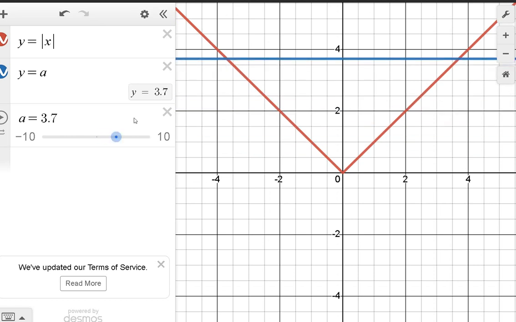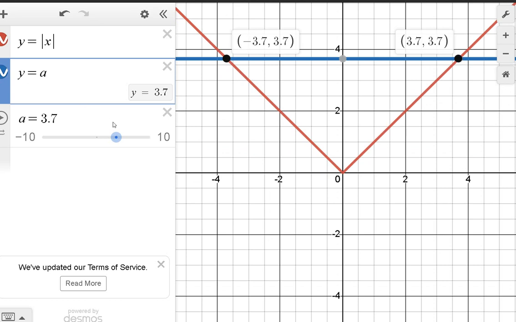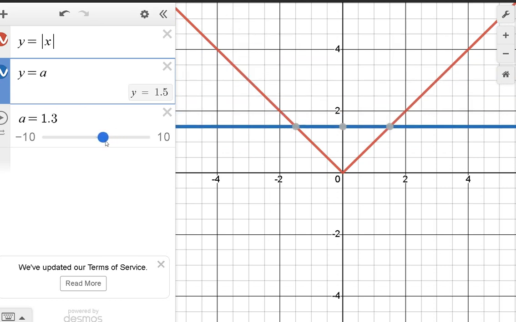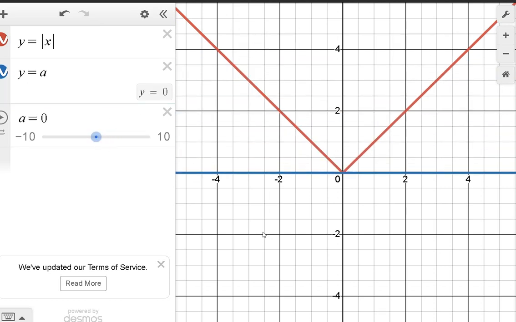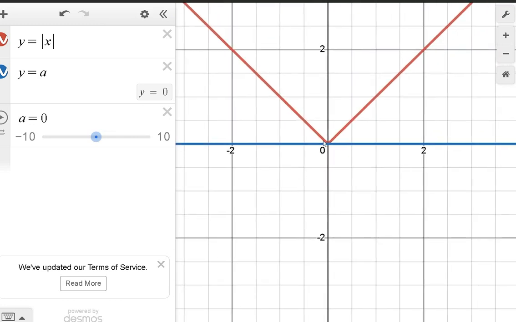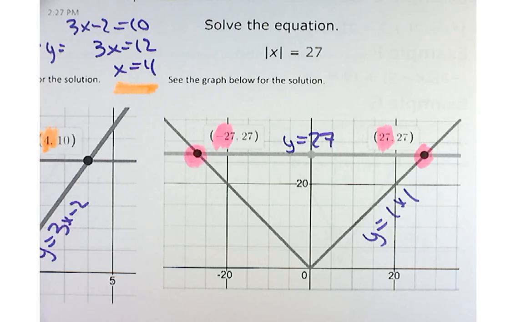You can see them, you can click on it if you're working in Desmos, you get a solution here, solution here. But sometimes, like in this case, how many solutions do I have now? Just one. Or if I go even lower, now how many solutions do I have? None. So it's kind of strange that you could get 0, 1, or 2 different solutions depending on what's on that right-hand side. Now, it's just something to be aware of.